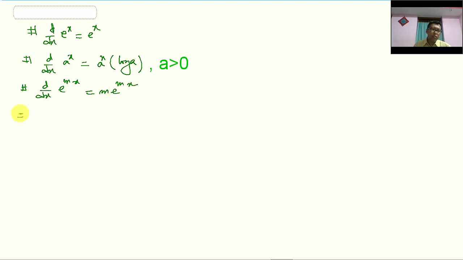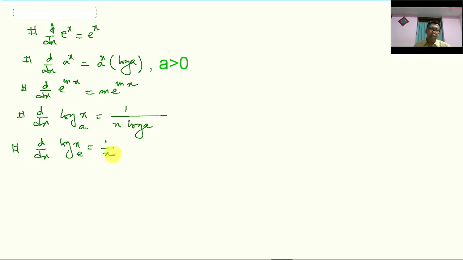Next, d/dx of log x base a is equal to 1 upon x log a base e. Next, d/dx of log x base e is equal to 1 upon x.